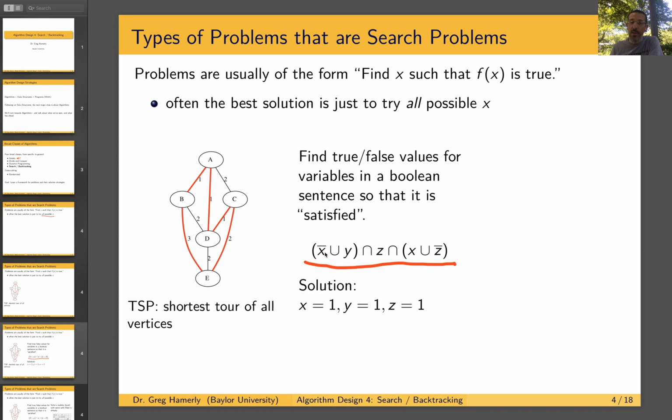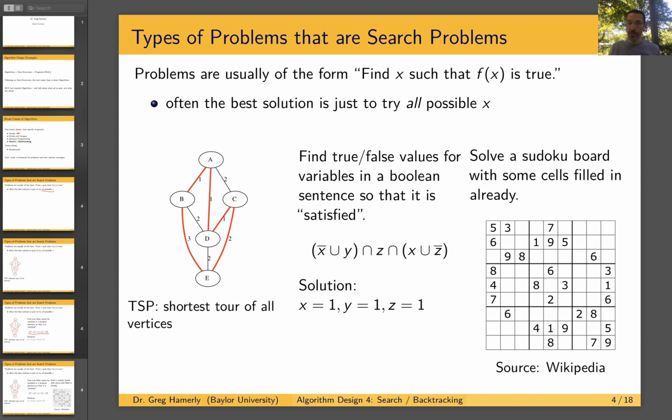So this says the complement of x; if x is true, then not x is false. So: not x or y, and z, and x or not z. And it turns out that this sentence is satisfiable. It's possible to set Boolean values to x, y, and z that makes this true. And the one solution to this particular sentence is x is true, y is true, and z is true.